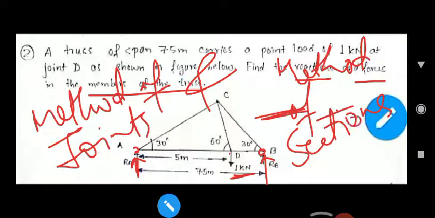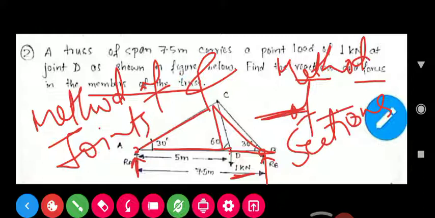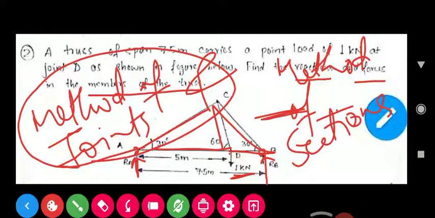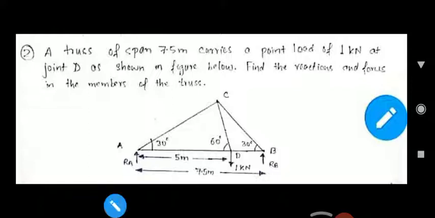Okay, so this question says that we have to find forces in every member of the truss. So which method would be more suitable? I guess it should be method of joints. Okay, we won't use method of sections. So let's start solving the question.